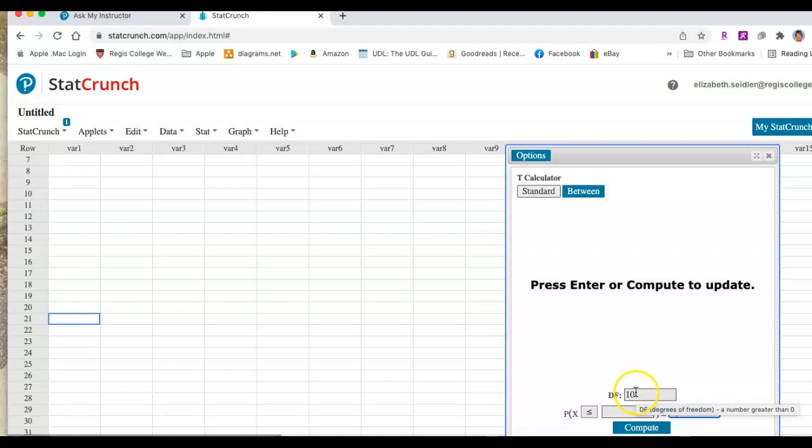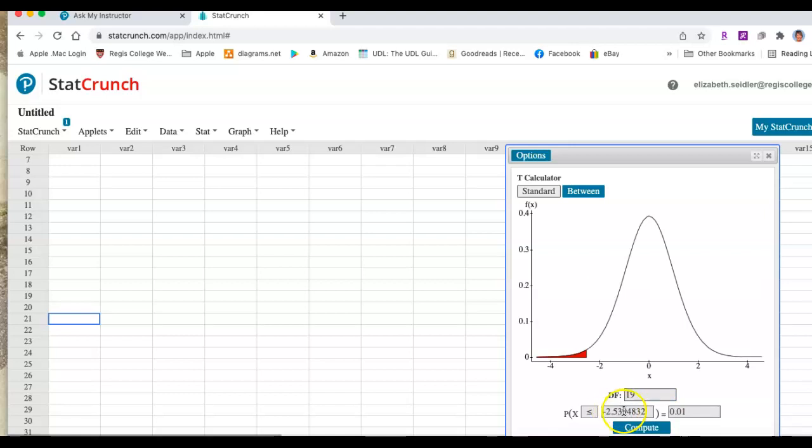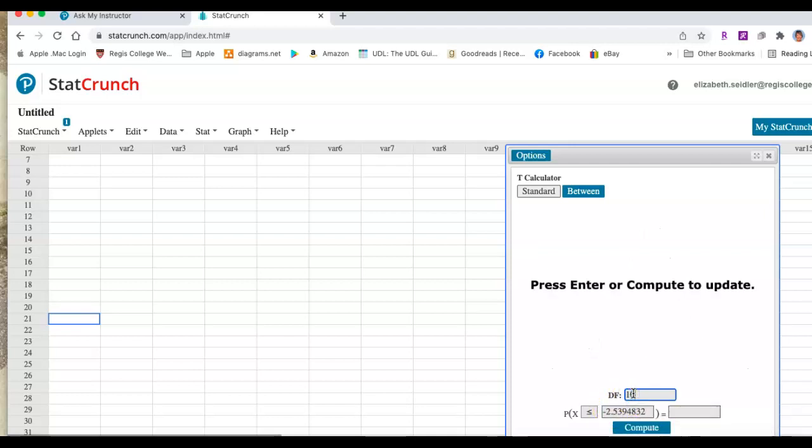So if it starts with degrees of freedom of 10, if I had 20 observations, my degrees of freedom would be 19. So degrees of freedom is n, or the number of observations minus 1. And so my critical value of t at the 0.01 significance level for this sample is minus 2.539, minus 2.54.